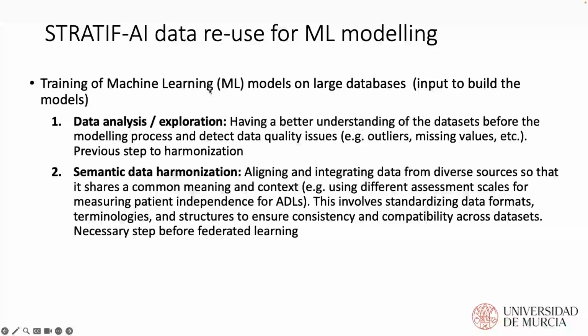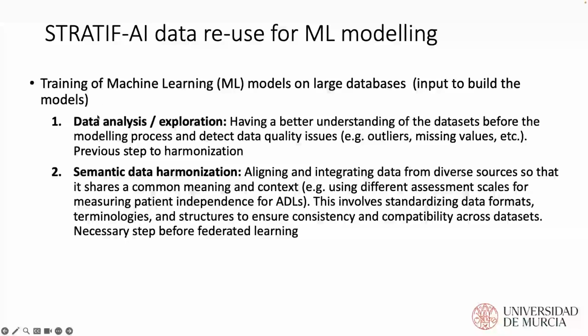First, in order to harmonize all the data from these databases, we need to do a first data analysis and exploration phase, because harmonizing all existing data would be a tremendous work. So the first thing required is to allow analyzing and exploring data to find what are the relevant features or variables to build my machine learning model.